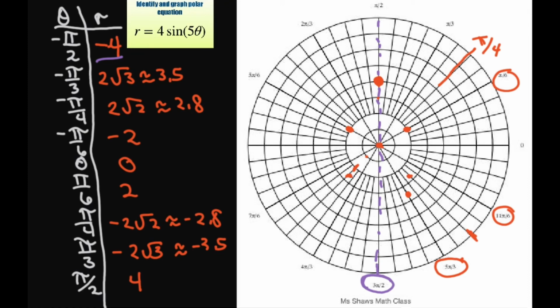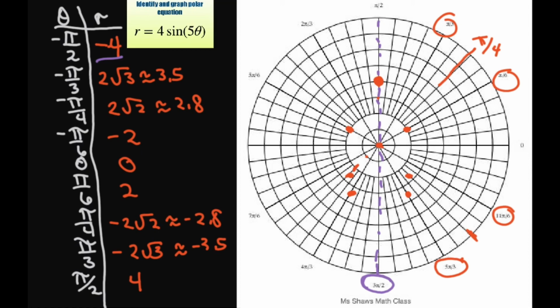All right, and then at pi divided by 3, we're at negative 3.5, so right about there. You can kind of see the symmetry here. We have 2 dots here, 2 dots here, 2 dots here. And then at pi divided by 2, we're at 4. So it ends here.